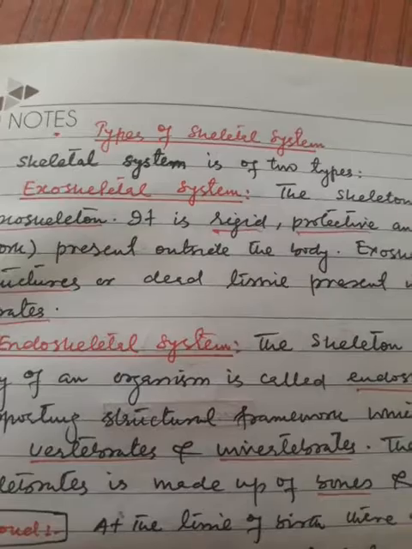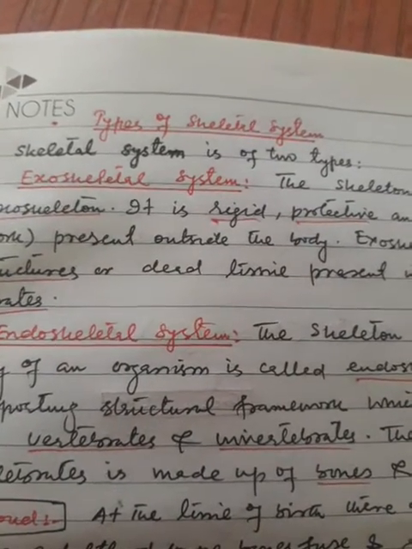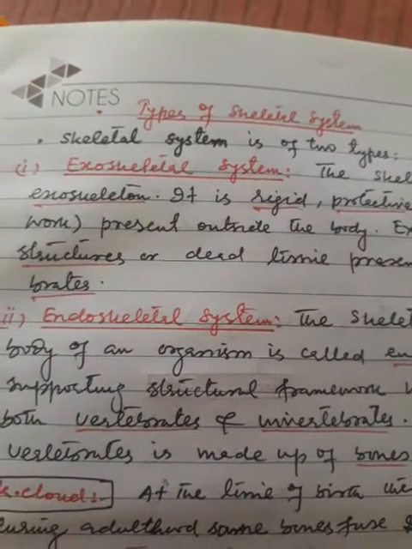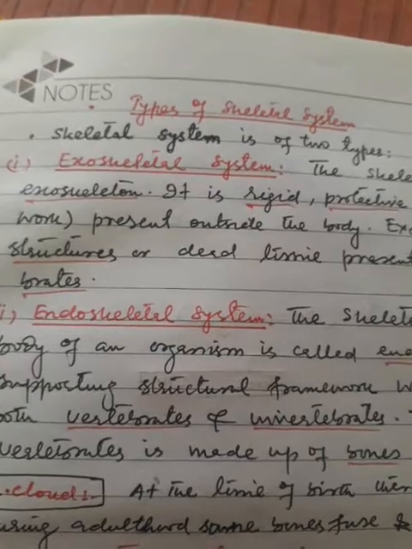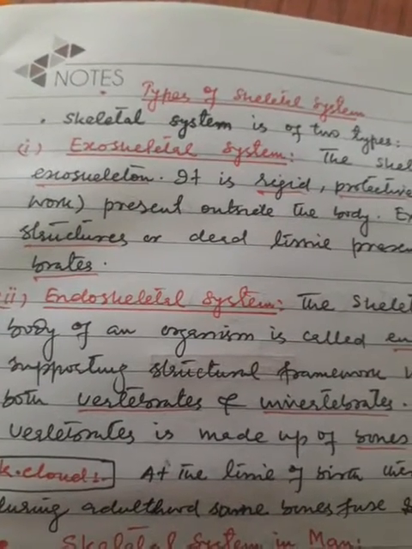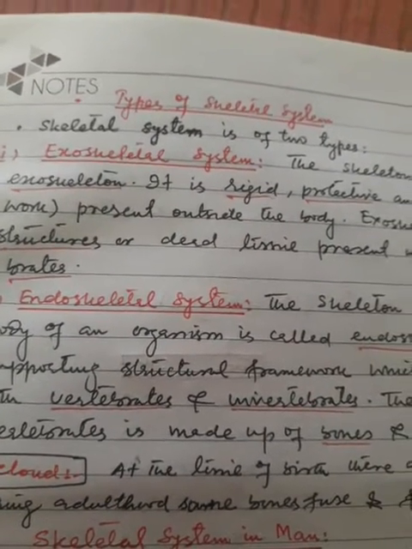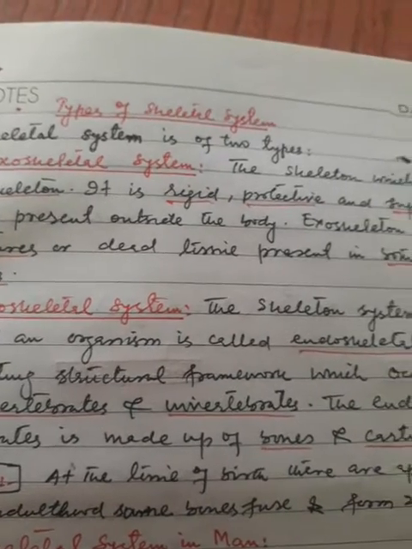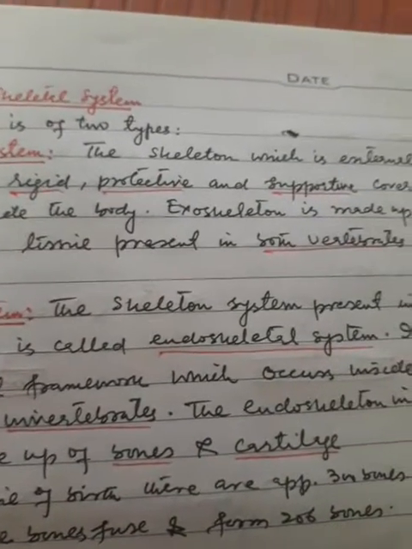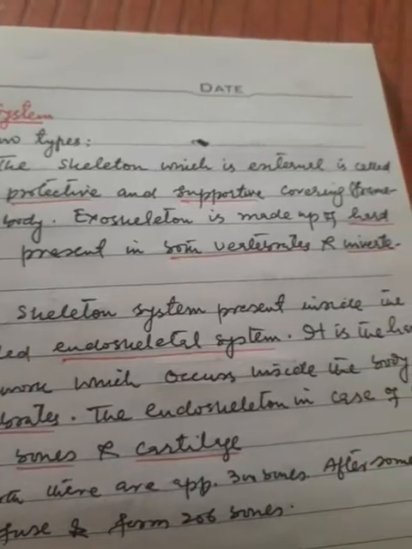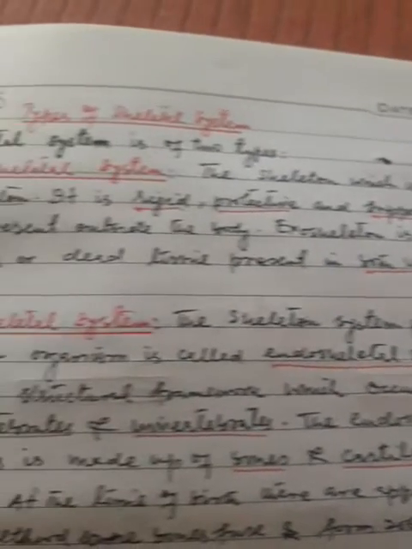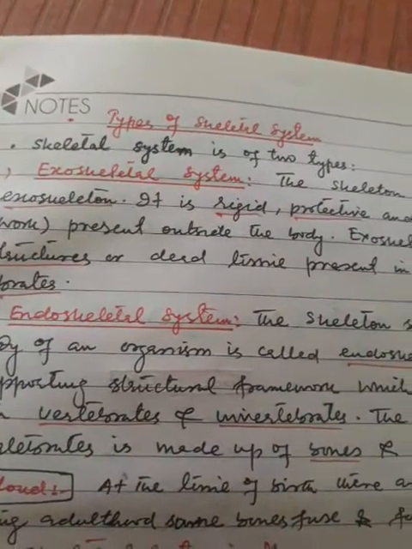Types of skeletal system. The skeletal system is of two types: number 1, exoskeletal system, and number 2, endoskeletal system. Number 1, exoskeletal system. The skeleton which is external is called exoskeleton.